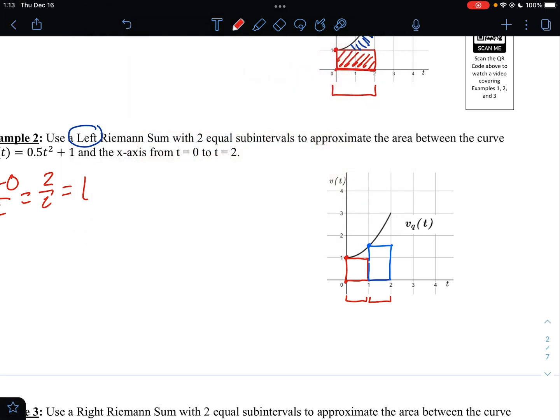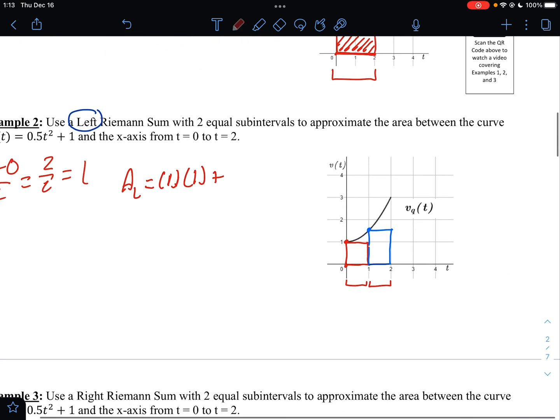For the first rectangle, the length is 1 and the height is 1. So 1 times 1. For the second rectangle, the length is 1. The height might not be easy to know right away, so you just put this t value into your equation, and we get 0.5 times 1 squared plus 1.